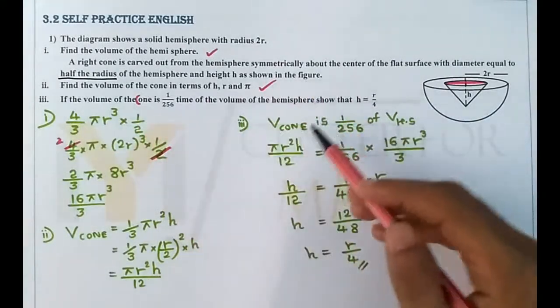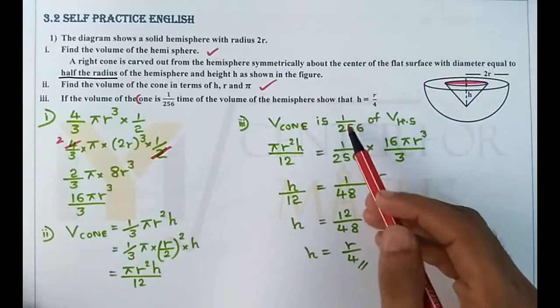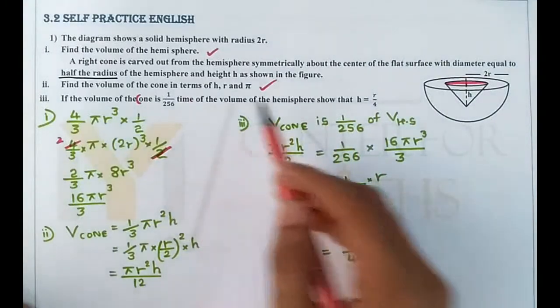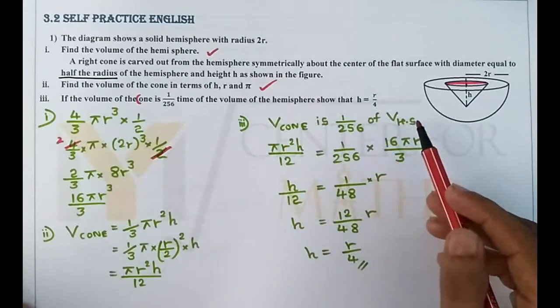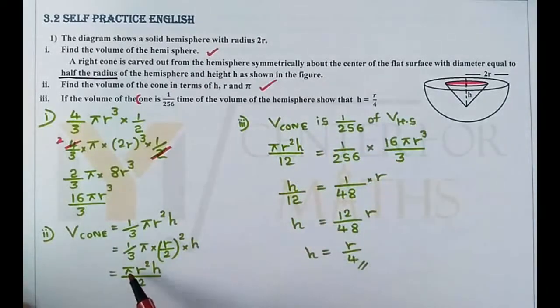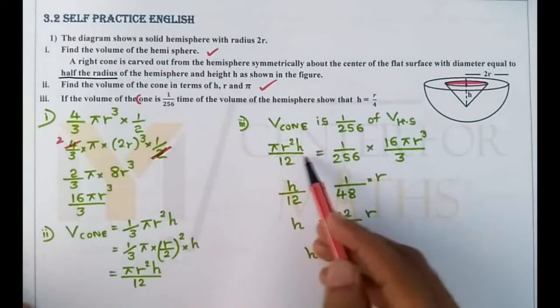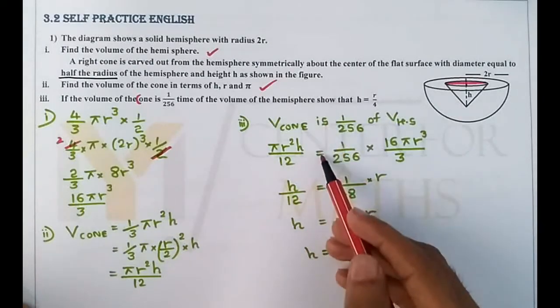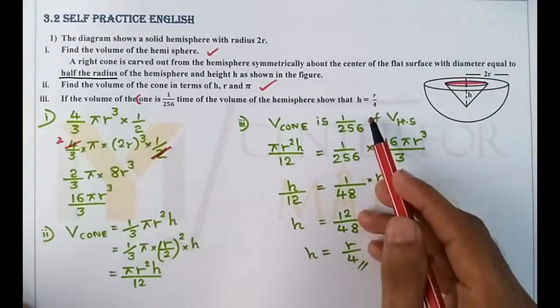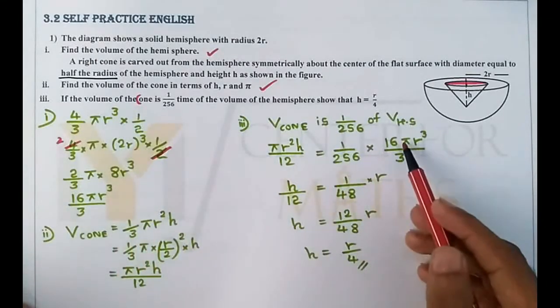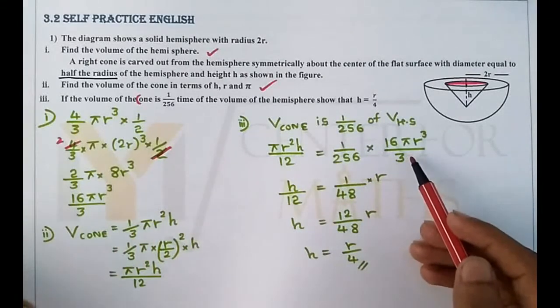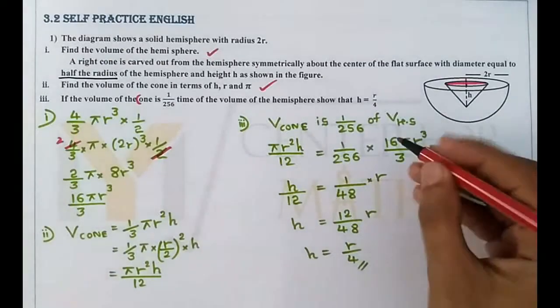So it's better to mark like this, then it's easy for us. The volume of the cone, already we have that, π r squared h over 12, is equal to 1 over 256 of, means into, the volume of the hemisphere, that's also we have, 16 π r cube over 3. And now we can simplify this easily.